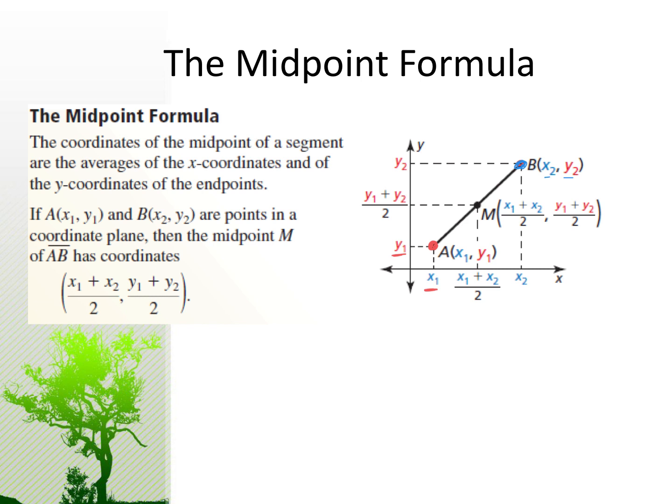And they basically tell you that using that, the formula for the midpoint is going to be this x plus this x divided by 2. That's going to give me the x value of the midpoint, and the y value will be the sum of the two y's divided by 2. So that's the coordinates here.